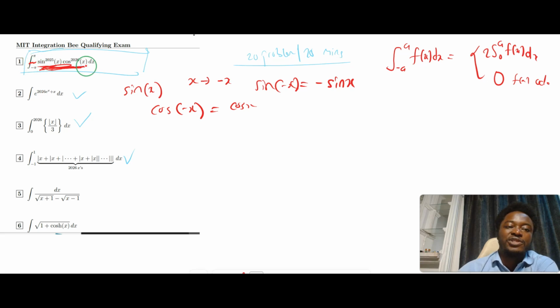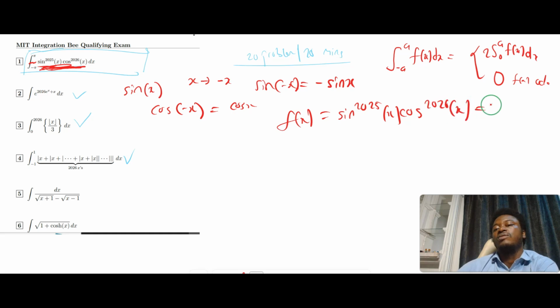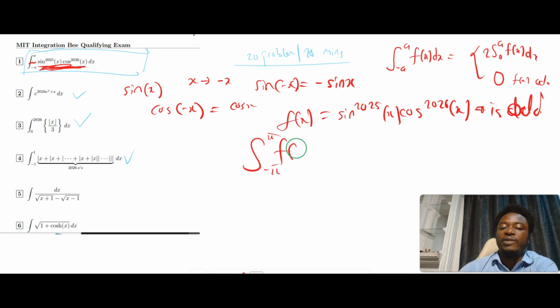So basically this function, f of x equals sine to the 2025 x and then cosine to the 2026 x, is odd. And because it is odd, for this reason the integral from negative pi to pi of f of x dx is equal to 0. Okay, so that is that.